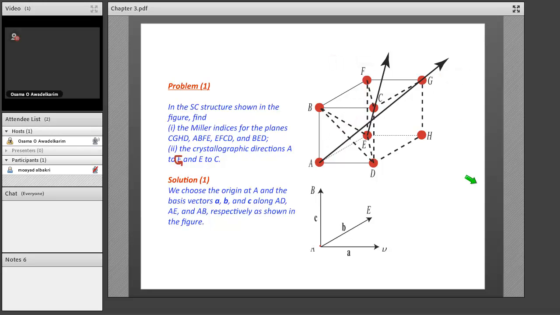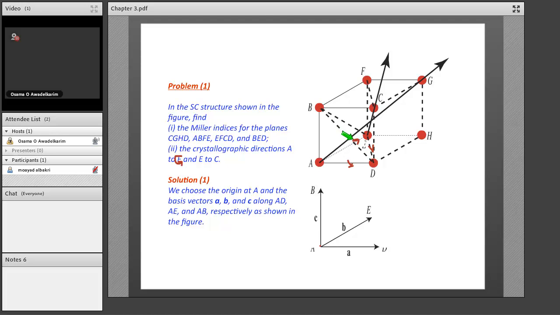A to E, A to D, and A to E. So if you have this vector here, and we have this vector here, and we need the vector E to D, which is this vector, then we know that this vector is the sum of these two vectors.